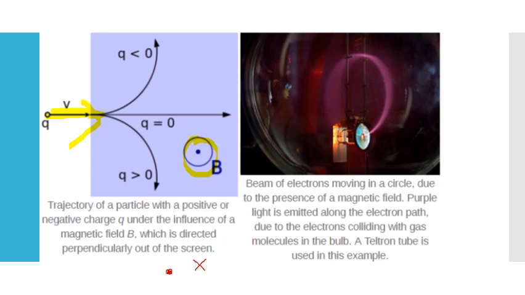In another application, a beam of electrons is moving in a circle. This is due to the presence of the magnetic field. In the figure we have shown a purple light which is emitted along the electron path.